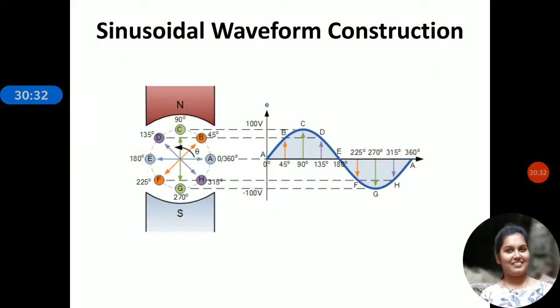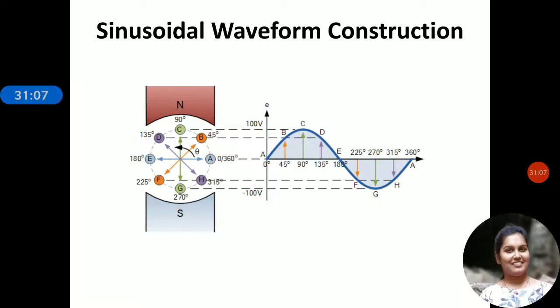And coming to the waveform, here we can see how a sinusoidal waveform is constructed using a generator. In this diagram, we can see a north pole and south pole, and in between those poles there is a conductor rotating from position A, B, C until again it comes to A. So from A to B there is a 45-degree angle, B to C 90, C to D 135, D to E 180, and so on until 360 degrees, that is one revolution.